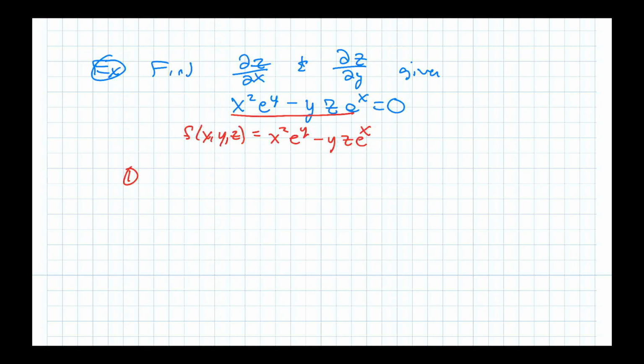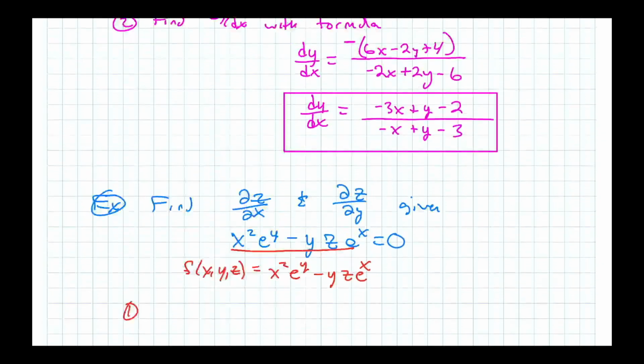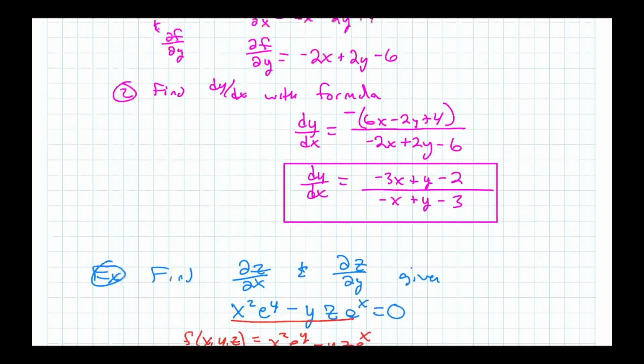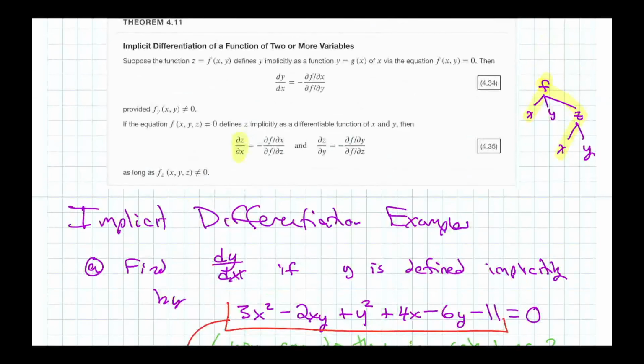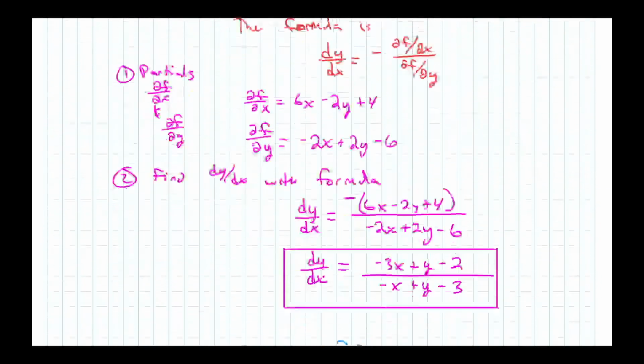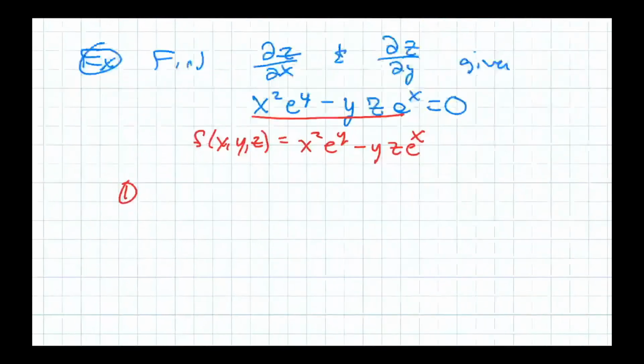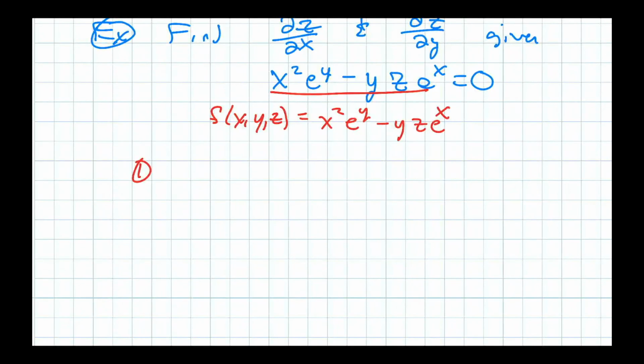Which derivatives do we need? If we're going to find dz dx and dz dy, we're going to need all of the ones listed here: df dx, df dy, and df dz. So we're going to need 3 partials, which makes sense. There are 3 variables here. And then we can use our formulas.